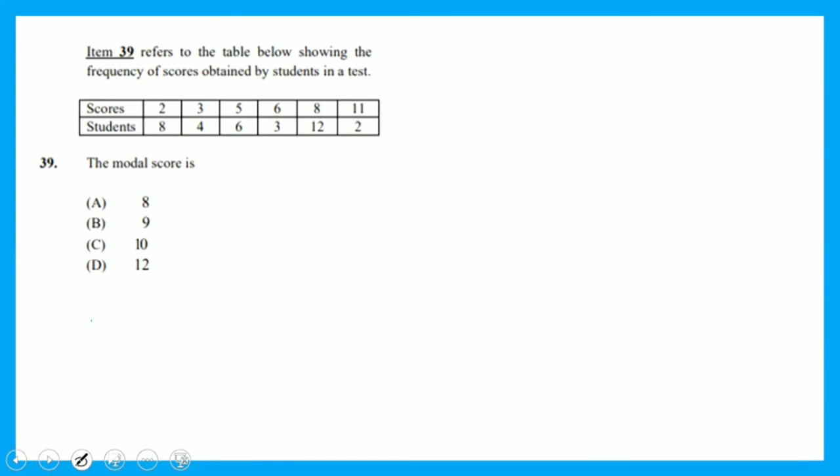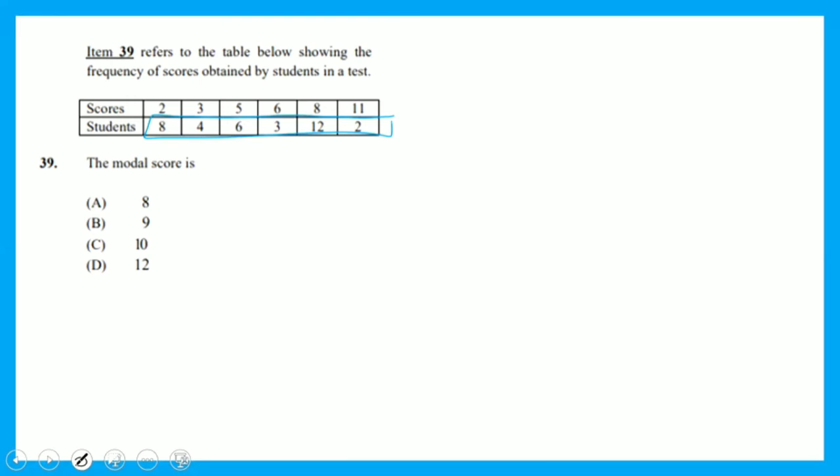So it's tempting for persons to just look at the scores and go, oh, 11 is the mode. No, 11 is a score, but we need the score that occurs the most. So you're going to look at the students. This is the frequency here, how often each score happens, right? And we notice, of course, that 12 students got the score of 8.